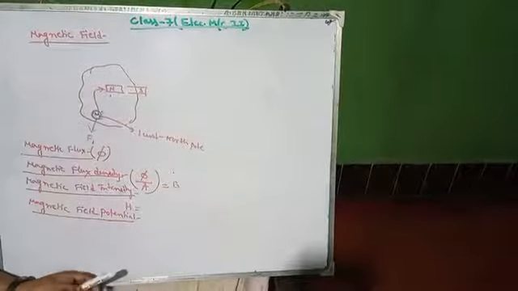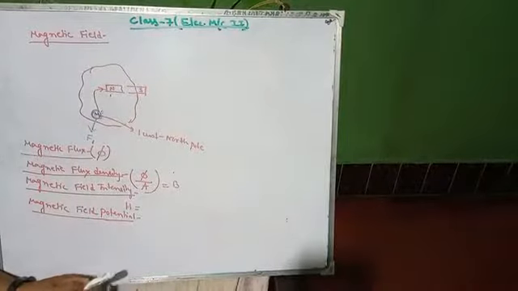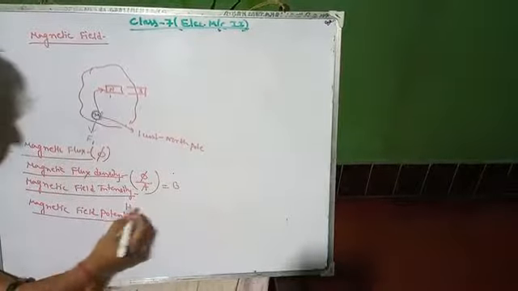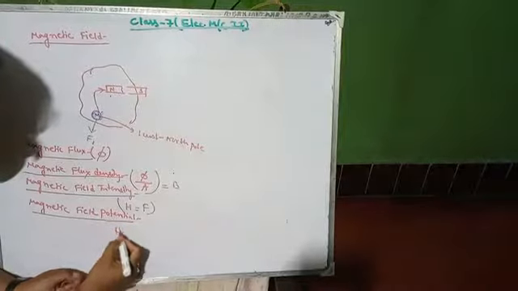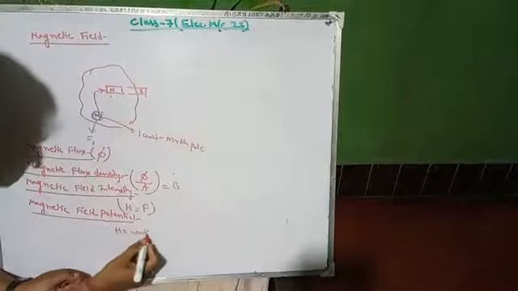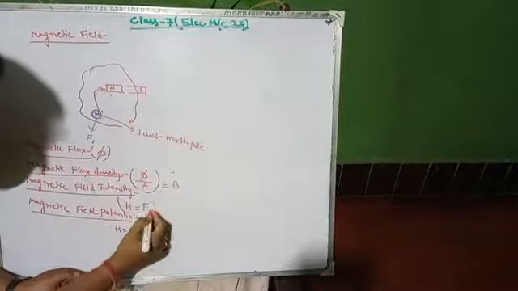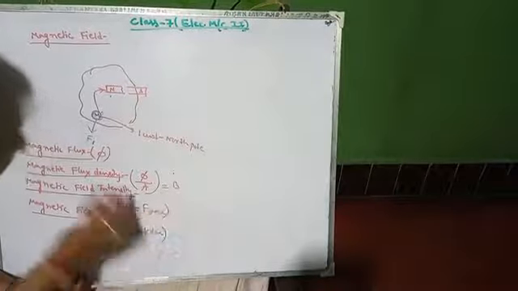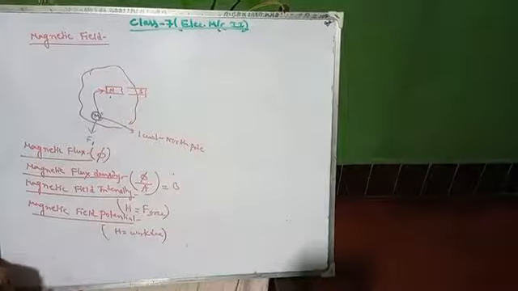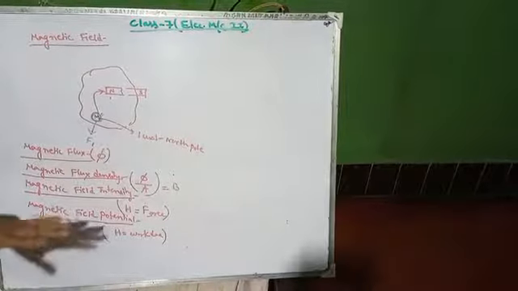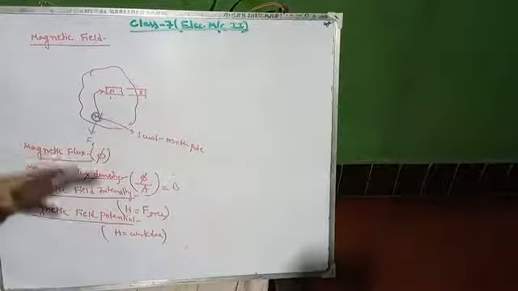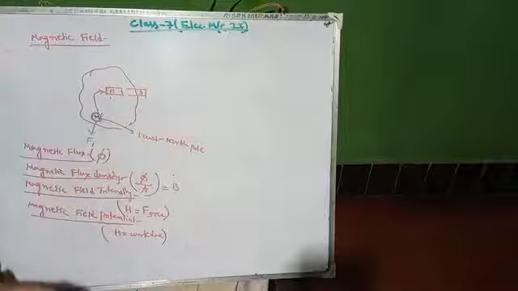So magnetic field intensity is a force and magnetic field potential is a work done. This concept you have to understand for this subject. So these five concepts you have to learn before starting the subject matter.